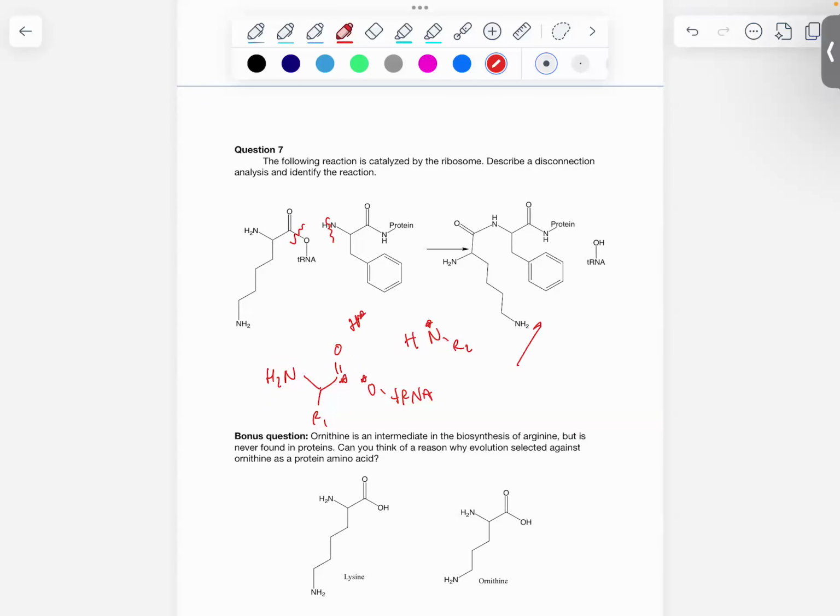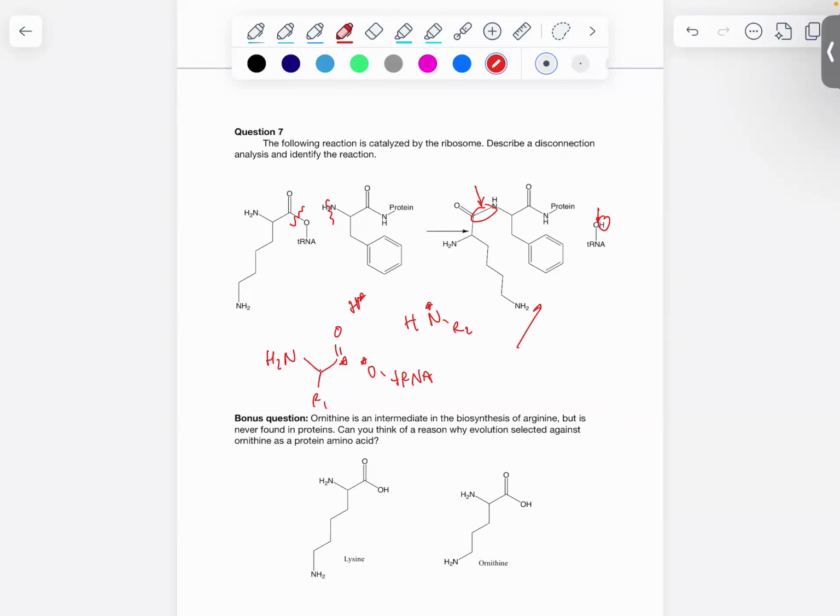And then we can indicate on our products which of those new bonds are formed. And here we can see that it is an acyl group that is basically just trading. And so that's an acyl substitution.